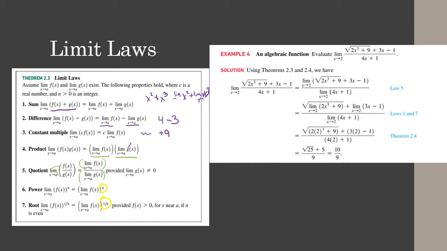So if we take an inner function, let's say we take the limit as x goes to a of whatever function, and it comes out to be 2, and it was squared, we know that we can take 2 and square it, and that the limit would be 4. So I just pulled this example from the textbook because it's a little bit quicker to go through.